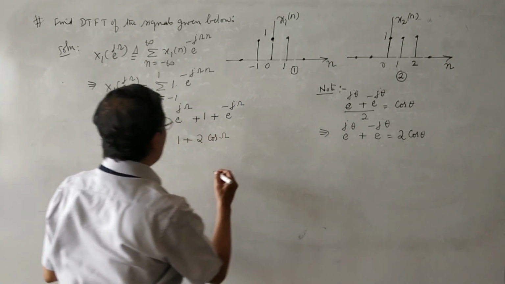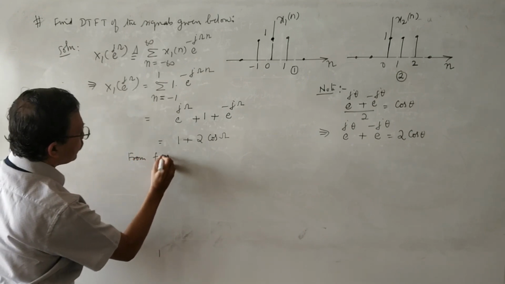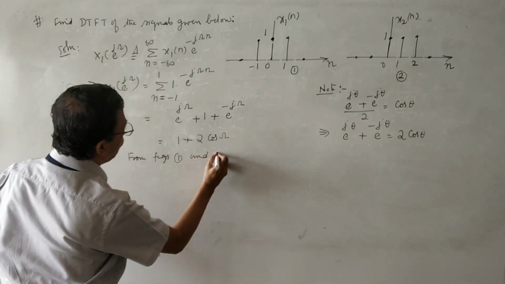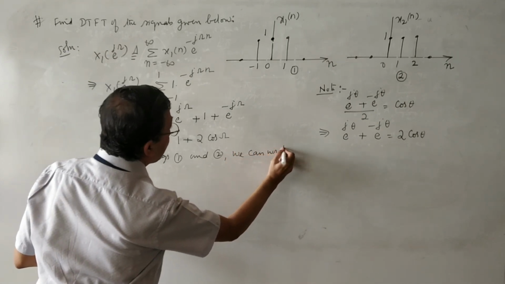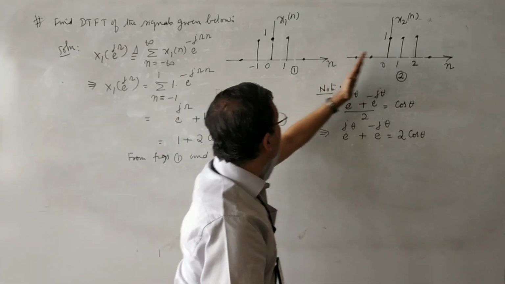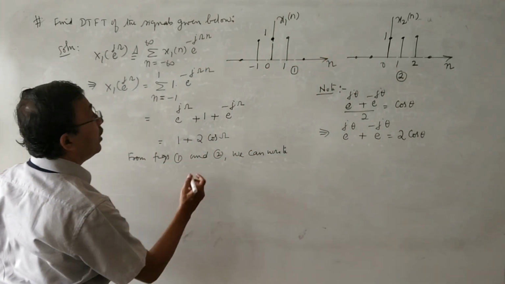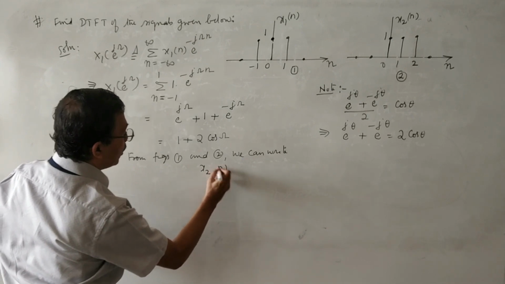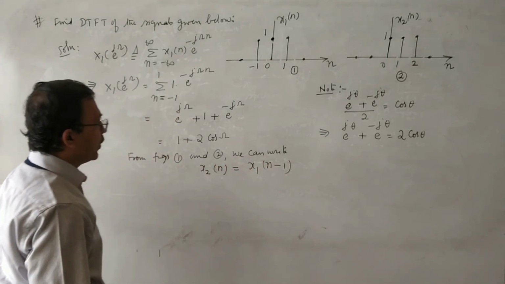Now what is x2 of n? From figures 1 and 2, we can write, see, x2 of n is nothing but x1 of n shifted to right by one time index. We can write x2 of n is nothing but x1 of n minus 1.